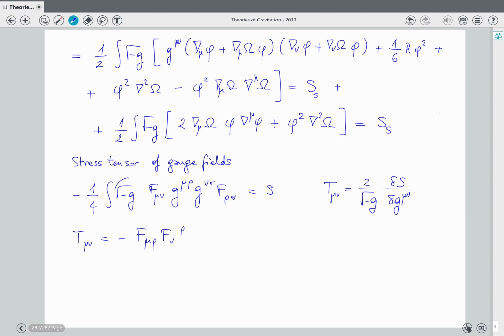And then there is the variation of the square root of minus g. That is equal to 1 divided by square root of minus g times 2 times the variation of that, since we are varying with respect to the inverse metric.